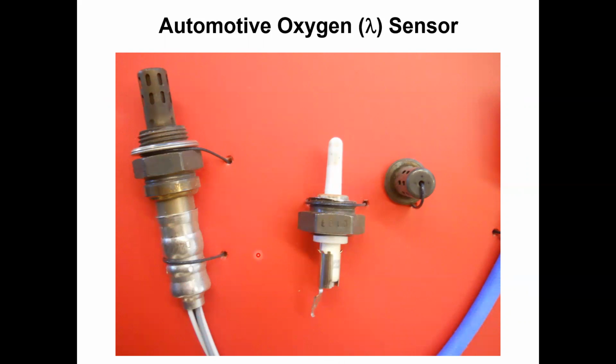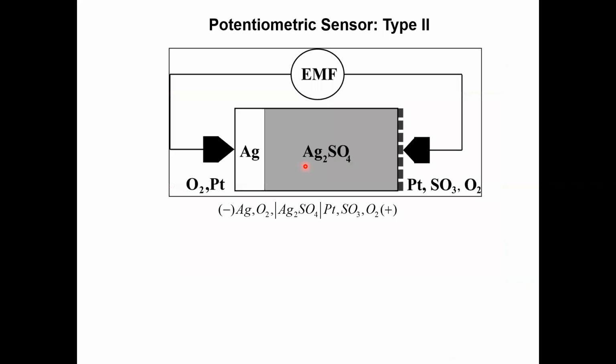And so this is the real oxygen sensor. So this is the sensing element. It's very inexpensive. Automotive industry buys one of these for a few dollars, $2 to $3. The other type 2, you can see you can make a SOx sensor.